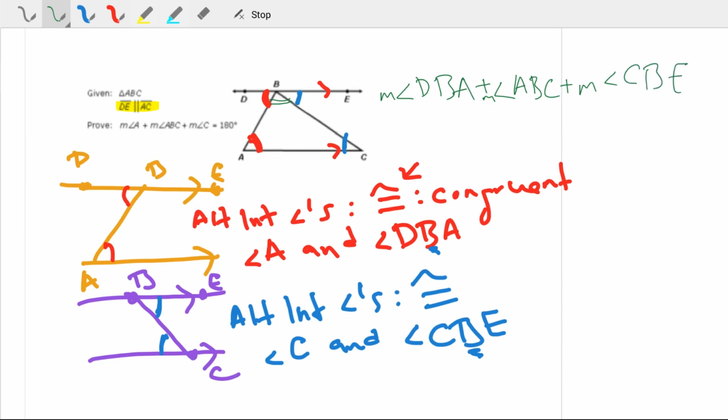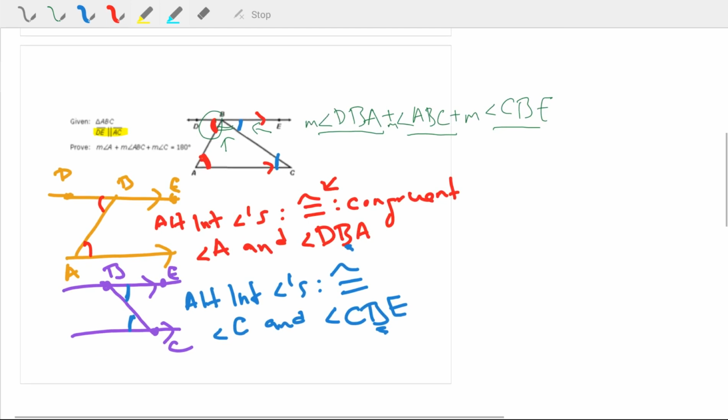So think about what I just did right there. So DBA is this angle right there. ABC is the angle inside the triangle. And then CBE is this outside blue angle. Okay. Now, if you notice, that completely covers an entire straight line. So that's equal to 180.